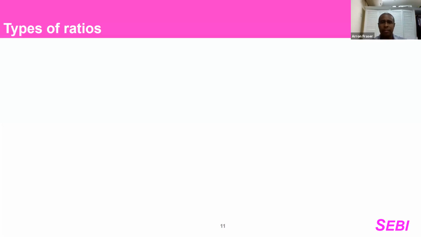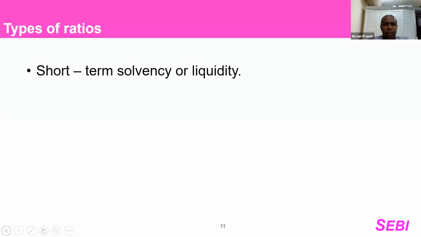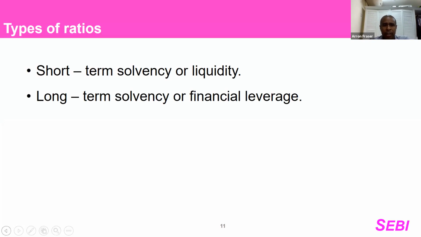All right, so let's move on. Types of ratios: there are short-term ratios, which we otherwise call solvency or liquidity ratios. There are long-term solvency or what we call financial leverage ratios.